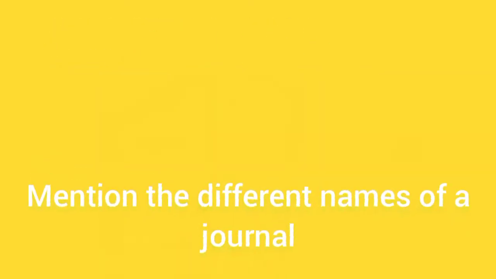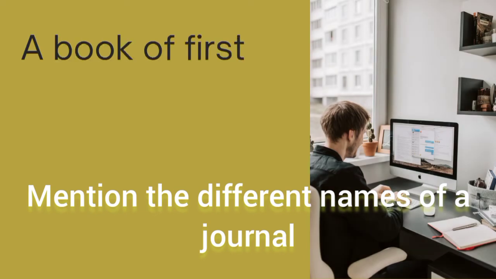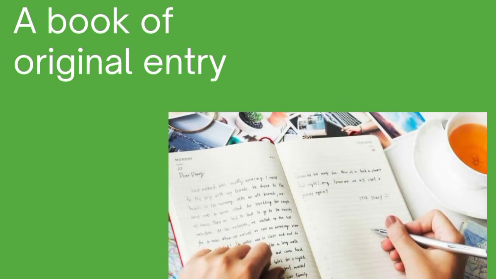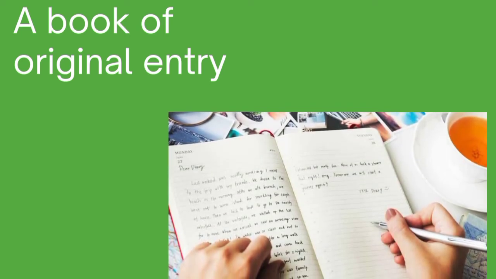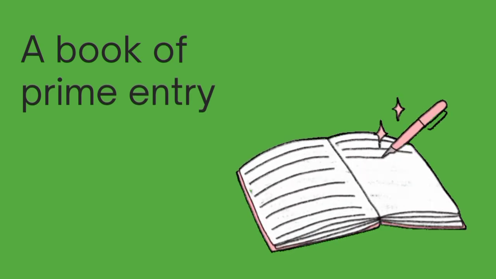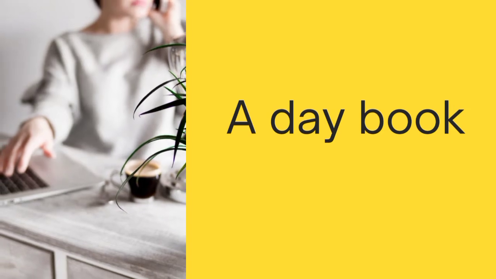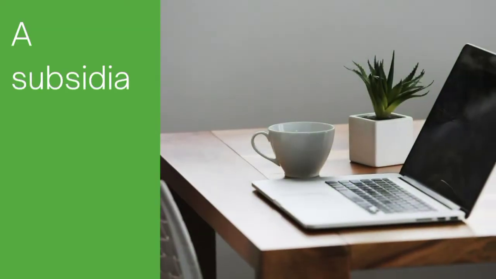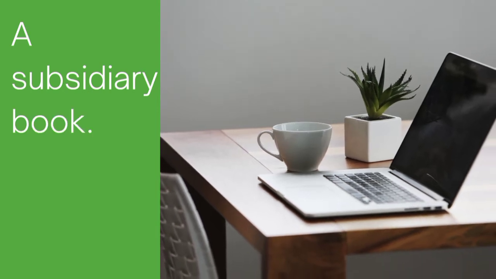And these names are: a journal could be called a book of first entry. It could also be called a book of original entry, a book of prime entry. A journal could also be called a day book. It could also be called a subsidiary book.